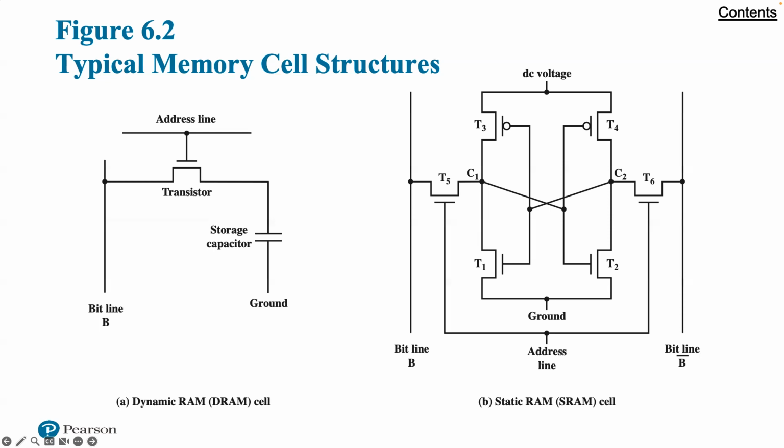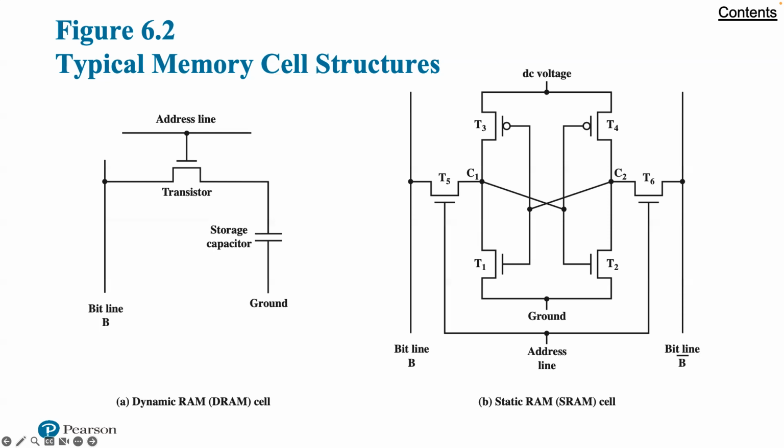For the write operation, a voltage signal is applied to the bit line. A high voltage represents 1 and a low voltage represents 0. The signal is then applied to the address line, allowing a charge to be transferred to the capacitor.